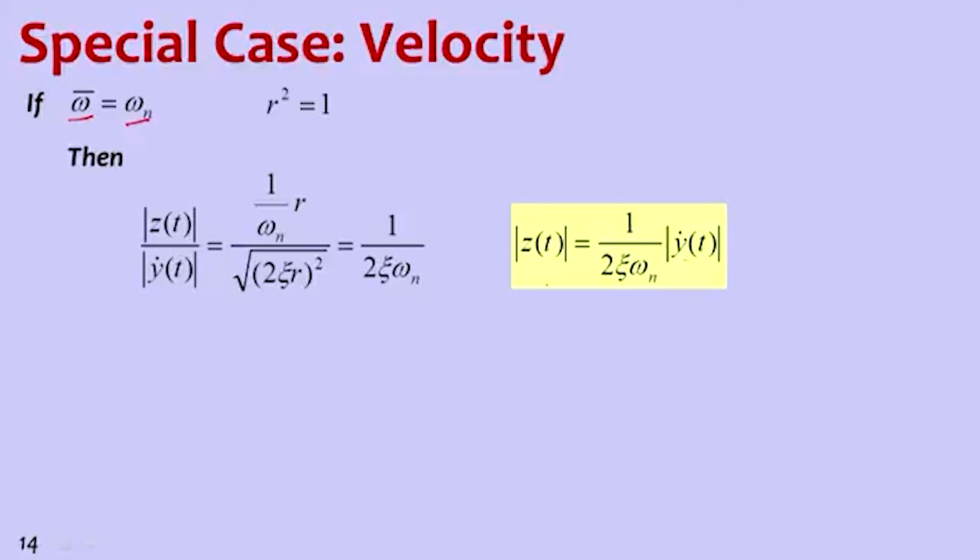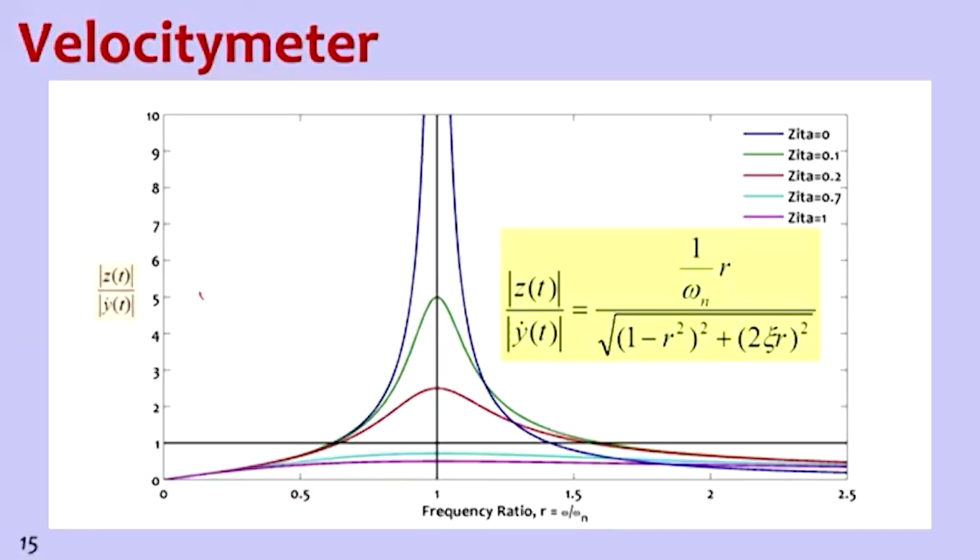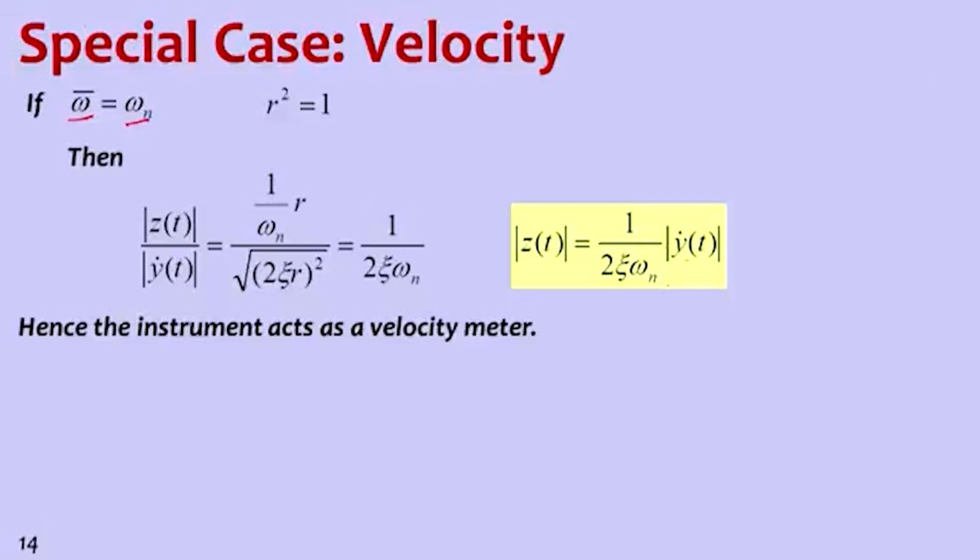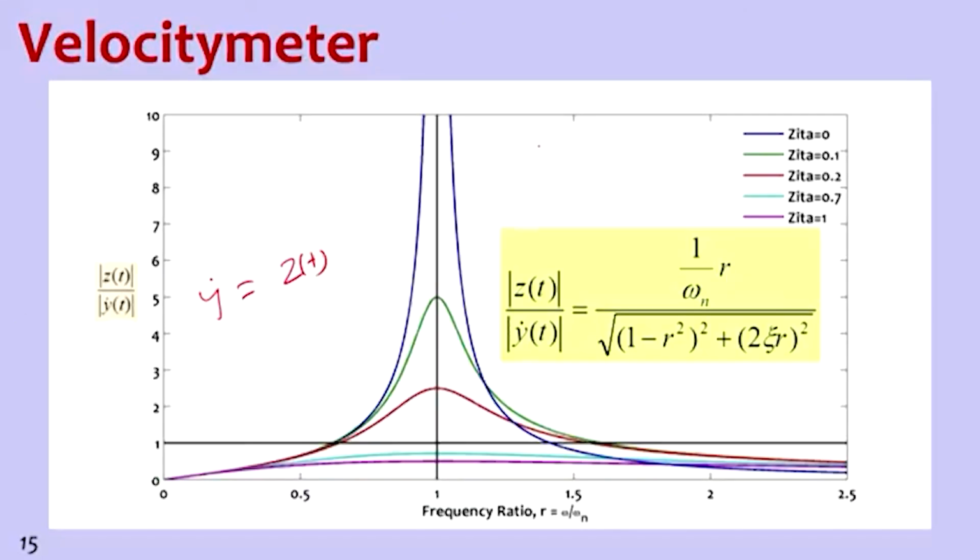From this we get y dot is equal to z multiplied by 2 zeta omega n. We know zeta value, we know omega n value, and we were anyway measuring z value. So we get velocity. Hence this is called a velocity meter.